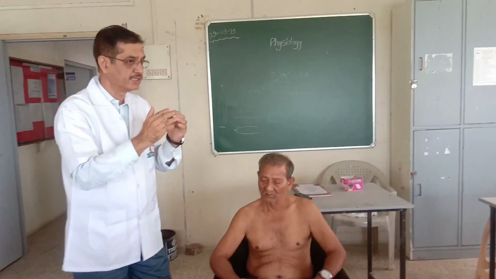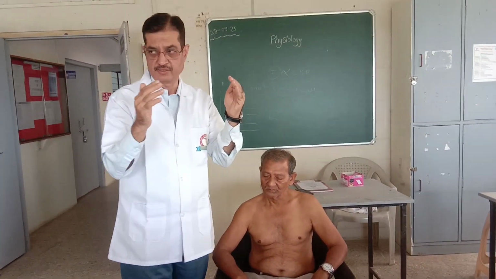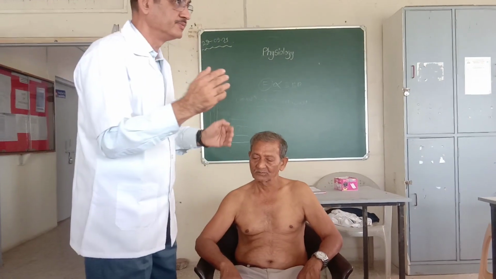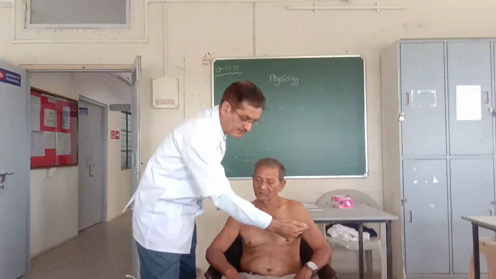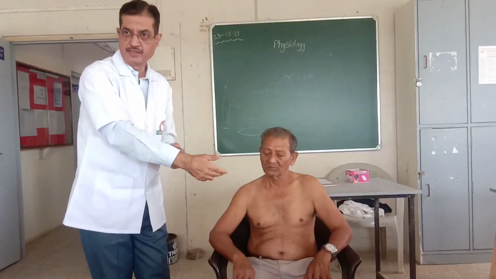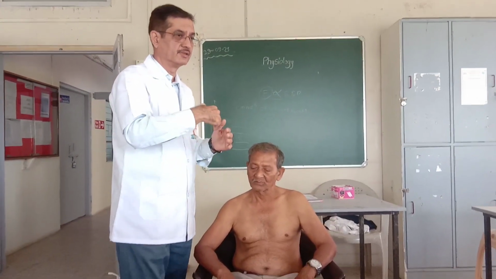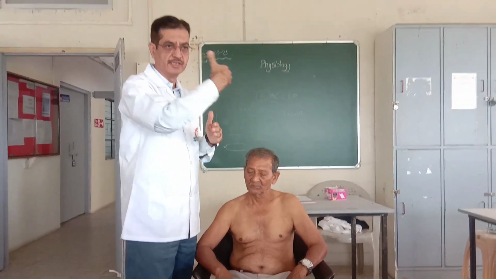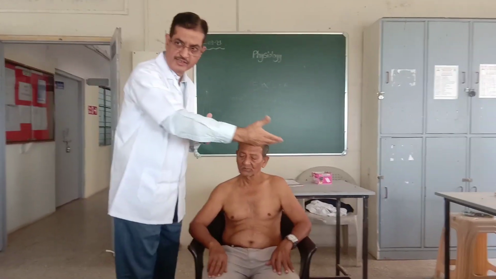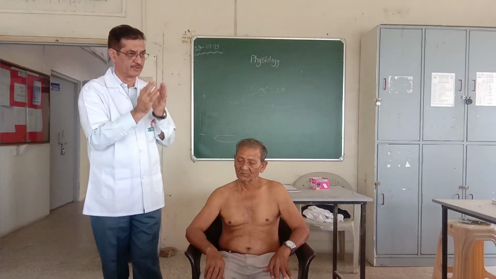If there is enlargement of the heart, say hypertrophy, the location will not be in the fifth intercostal space, it will be in the sixth, and it will not be 1.2 centimeter inside the mid-clavicular line, it will be outside the mid-clavicular line in case of enlargement of the heart.